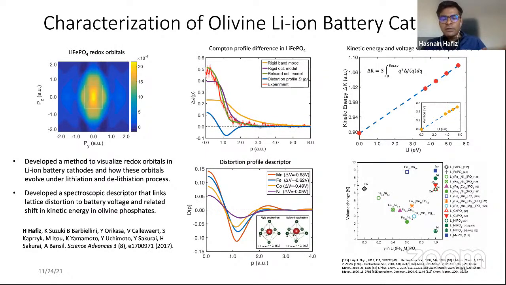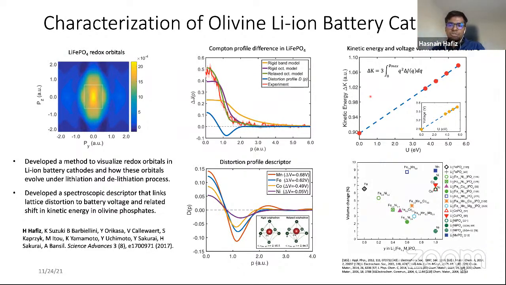I'm not going to go over details here, but briefly, in a few words, the key takeaway from this previous work was that this kind of analysis reveals a new link between voltage, the localization of transition metals, like for example the localization we find from using Hubbard U, and also how that is related to the kinetic energy change due to a lattice distortion that happens when the lithiums are moving from the cathode.